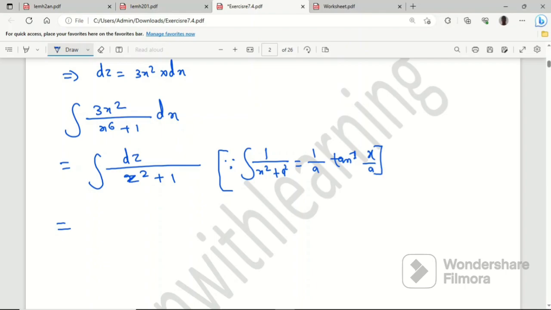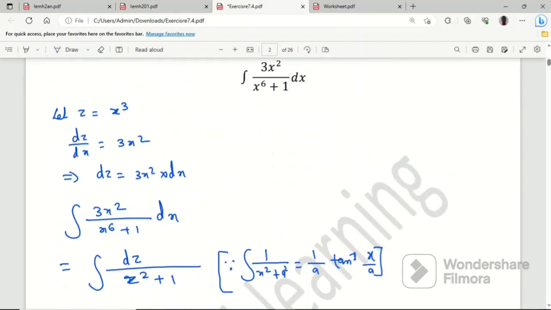So here our answer will be 1 upon a, here a is 1, so it will be 1 into tan inverse z by 1, since a is 1. And what is the value of z? We have to substitute in the form of x also, because answer should be in the form of variable x. So z will be x cube.